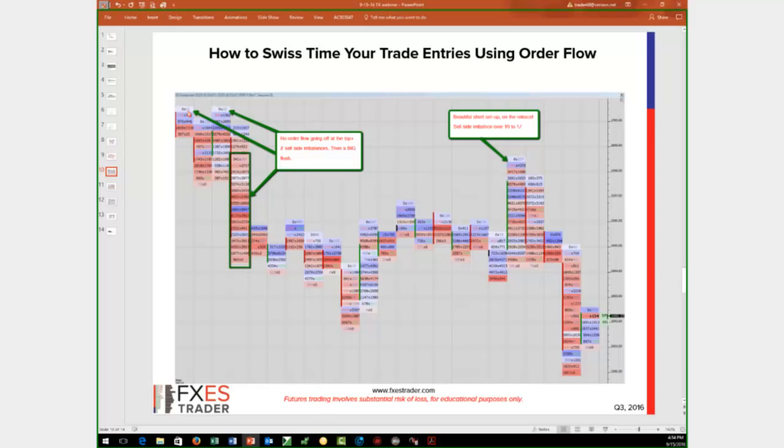Notice we had over 10-fold sell side imbalances capping the top of both of these bars. That was your first hint that maybe we've exhausted. Now, are we going to, looking at these numbers and seeing that, know what is going to take place next? No, but you're already on high alert. Hey, maybe the freight train stopped for the day.